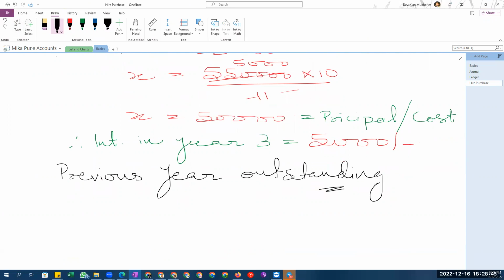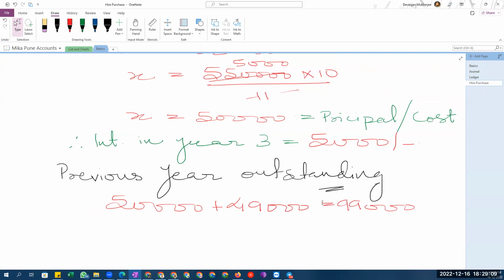How will we calculate? We will just add 50,000, plus the 49,000, and that will give me the outstanding of the previous year, which will be equal to 99,000.